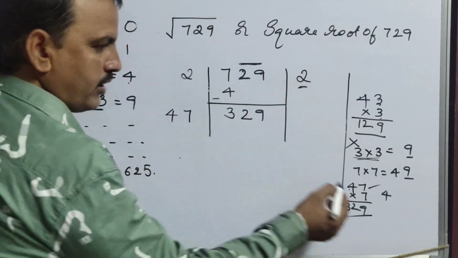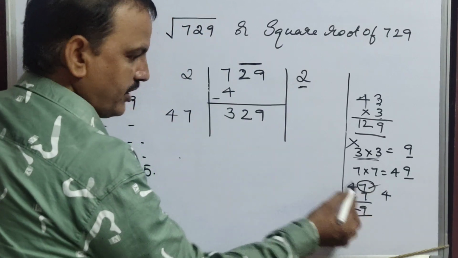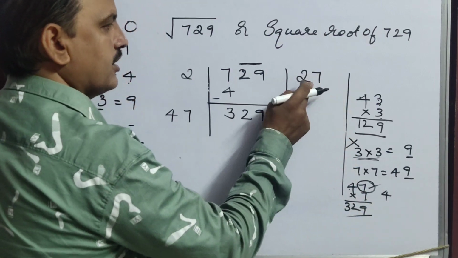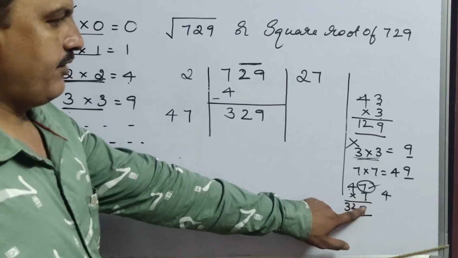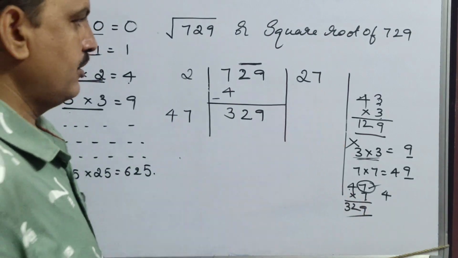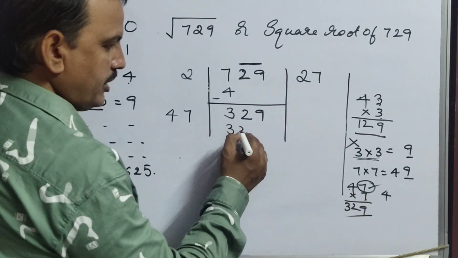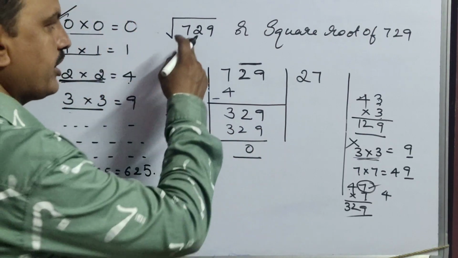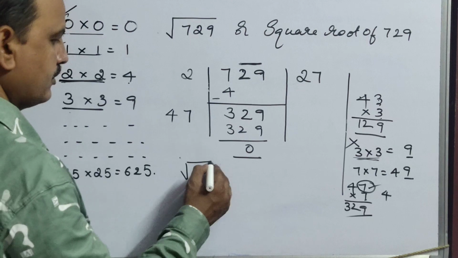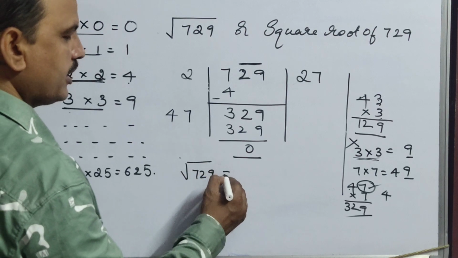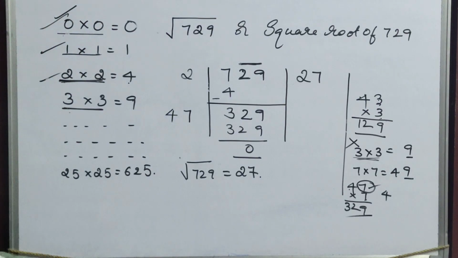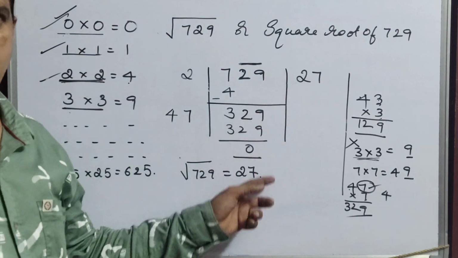Here one more 7 is left, no? That 7 you have to write here. That means here 329 and 0. Now what is the square root of 729? The square root of 729 equals 27.